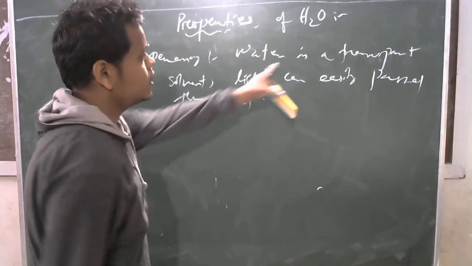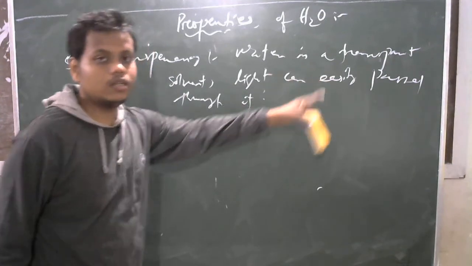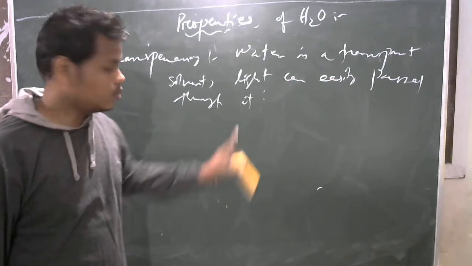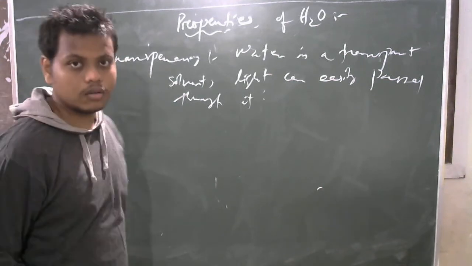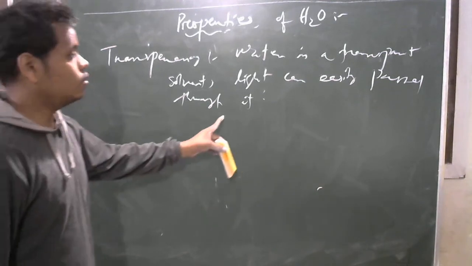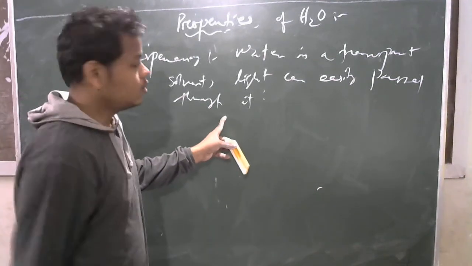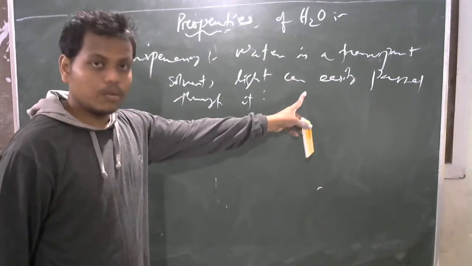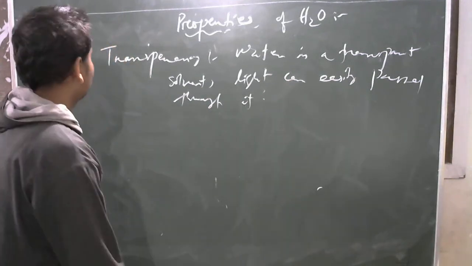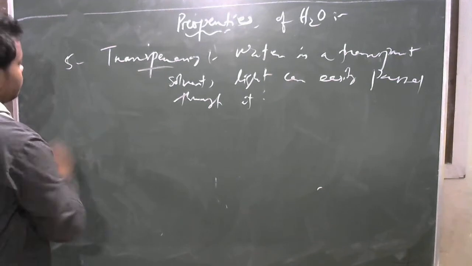As water is transparent, not translucent or opaque, light can easily pass through it. In clear water light passes easily, but in turbid water, due to the presence of other solute particles, light does not pass that much. Okay, that is the fifth property, transparency.